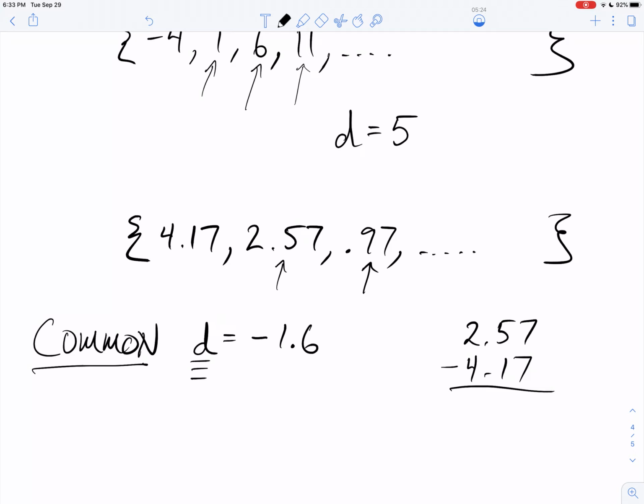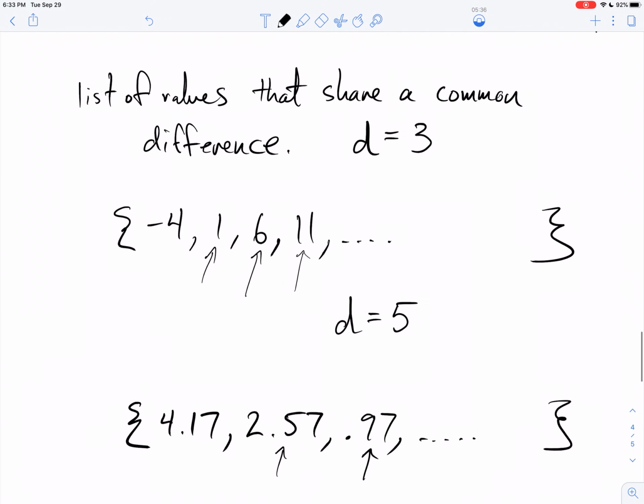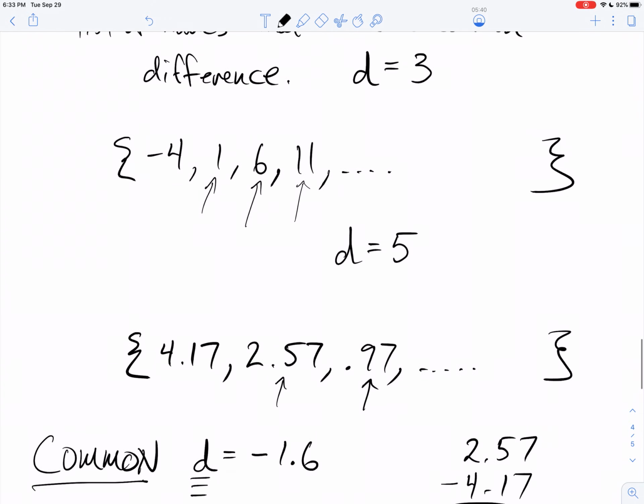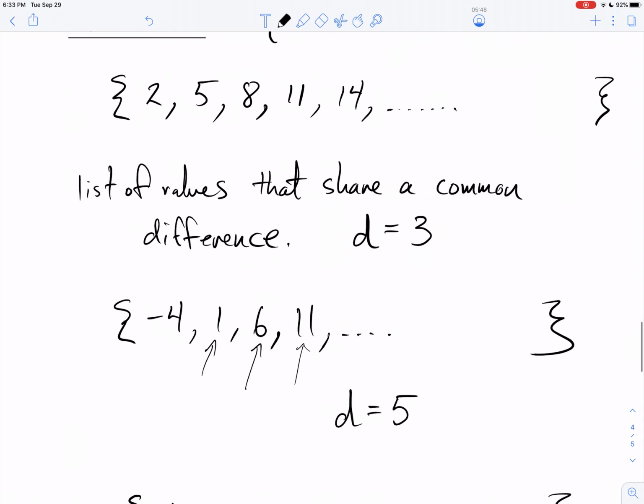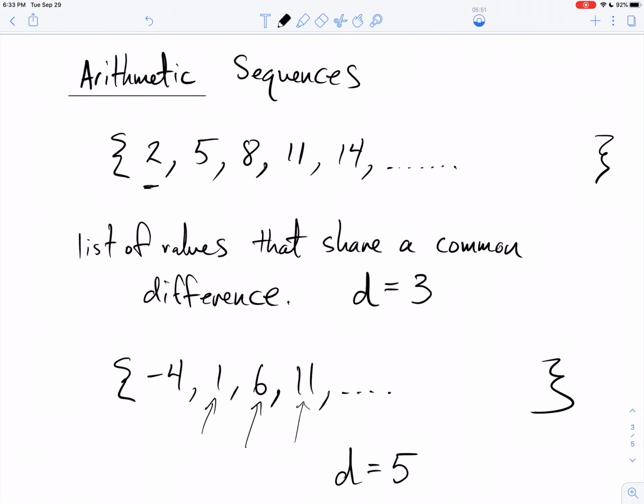So what I am trying to tell you is there is this animal out there in Mathville where you have patterns of numbers. And the pattern, if it is based on adding or subtracting the same value over and over again, like here, when I say, look, starts at 2, then goes to 5, then goes to 8, that one's very easy to see that the common difference is 3.